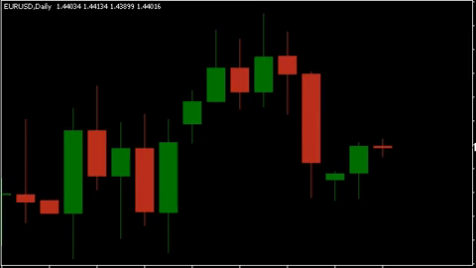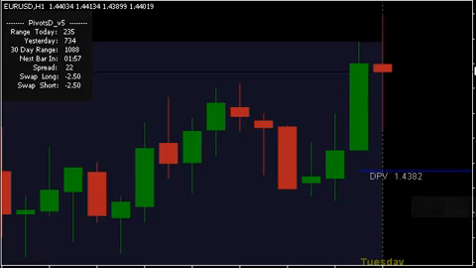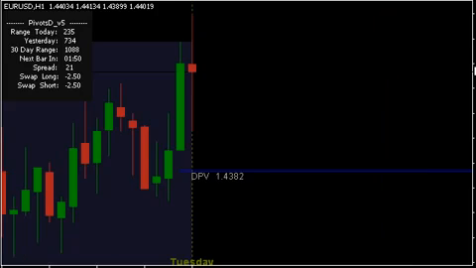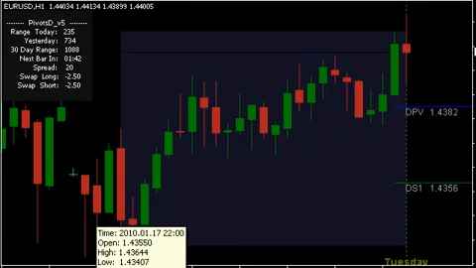I've just downloaded it. Let's have a quick look at what that looks like. Basically we're using the day formula, and if I switch down to H1, what we get to see is, yes, the 1.4382 has been calculated as my daily pivot based on the previous candle. I'm just going to zoom out a bit so that you can see a few more candles, because I've just gone down to the 1 hour time frame, and obviously one full day. This is the start of the first.